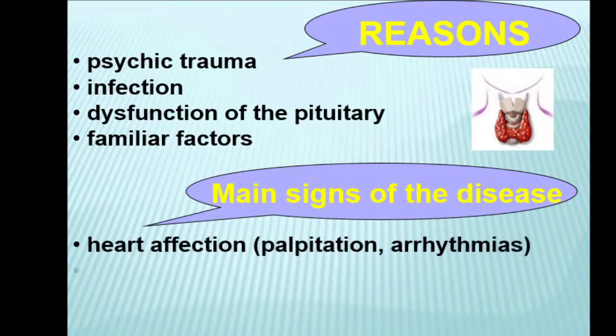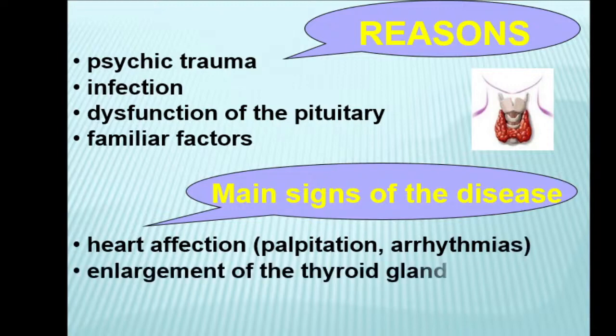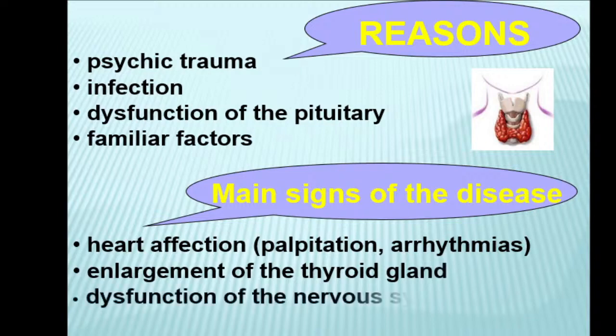Clinical signs of the disease with which a patient can come to you. We remember, we'll orientate on three systems: cardiovascular, nervous, and digestive. And more often, manifestation of the disease starts from pathology of the cardiovascular system. The patient feels palpitation, sometimes different types of arrhythmias, with which we go to the doctor.